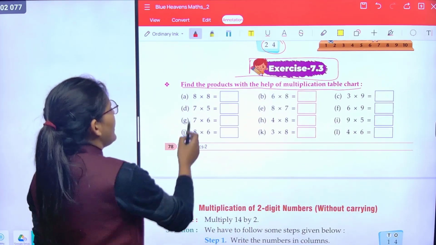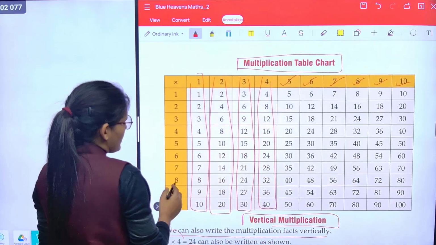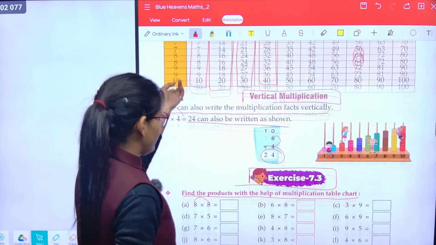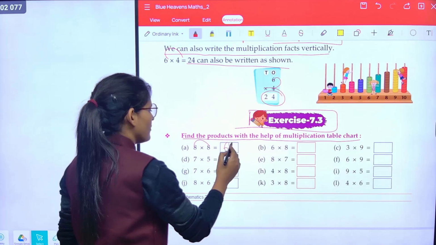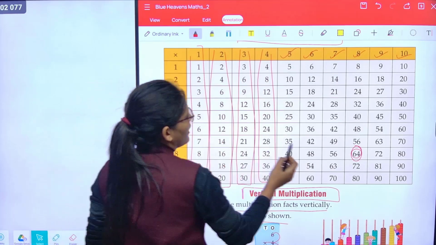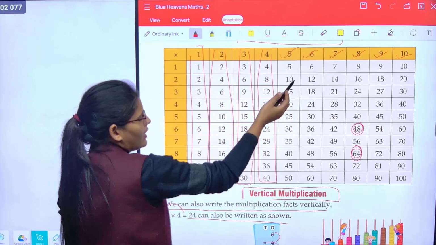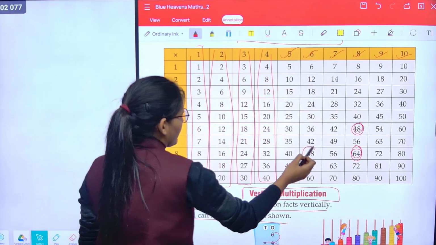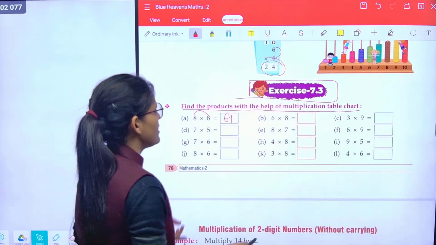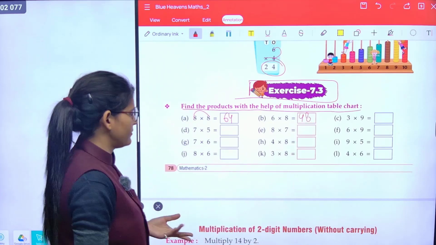Now, 8 eights are 64. Now, 6 eights are 48. Okay, now class, you can see it vertically also. 6 eights are 48. The answer will be the same. Now class, rest of the parts do yourself.